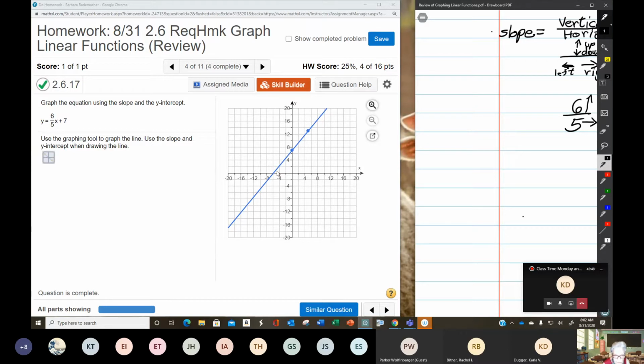No, it would be -5, 1. That's what it would be. So you could have also chosen 0, 7, and then gone down 6 and to the left 5, and that would put you at the point -5, 1. And my math lab would have accepted that also because you're using the slope as a roadmap.